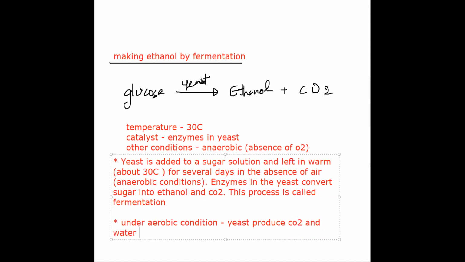Under aerobic conditions, yeast will produce carbon dioxide and water, and not ethanol and water. Because we need ethanol, we allow this reaction to happen under anaerobic conditions, in the absence of oxygen. And why do you think we allow it to proceed at 30 degrees Celsius and not higher?